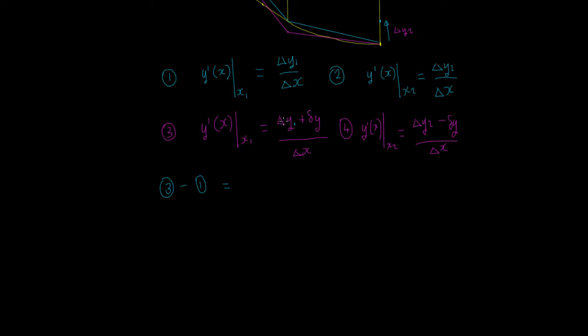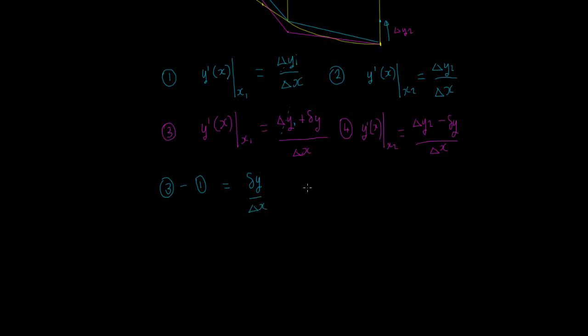So it's going to be, that's a 1 there as well, I missed that out. So it's going to be delta y1 minus delta y plus that large delta y upon delta x. So basically that one there is going to cancel out with that one there. So you're going to end up with delta y upon delta x.